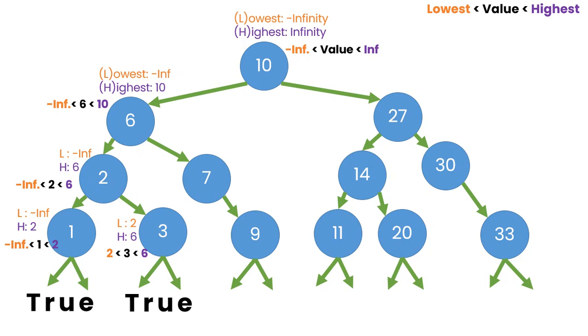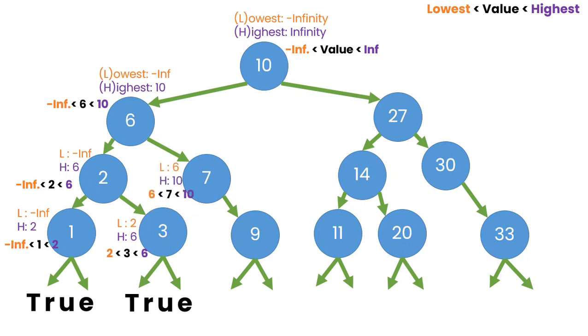So infinity really can't work here, because the highest possible value at that position is gonna be taken from the parent's highest value, which is 10. So the highest possible value in this case is gonna be 10, and the lowest possible value is gonna be 6.